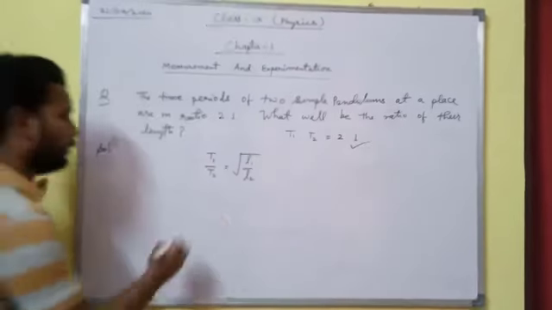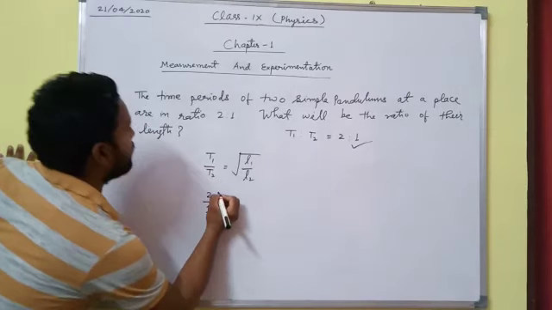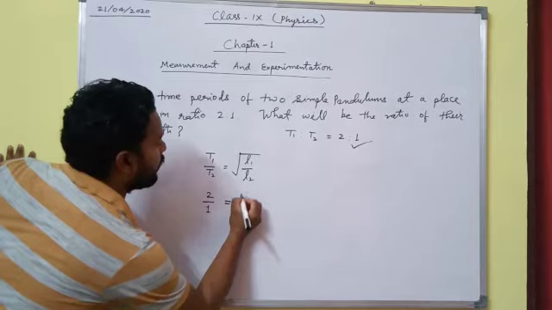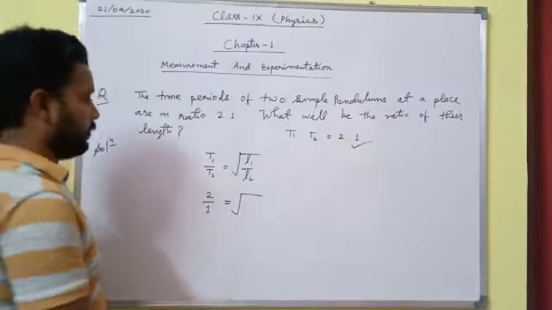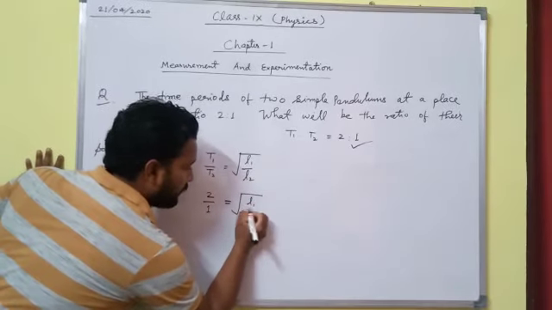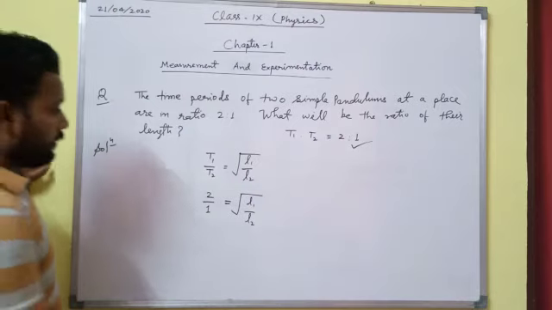So put T1 upon T2 as 2 upon 1, and we need the ratio of their lengths.